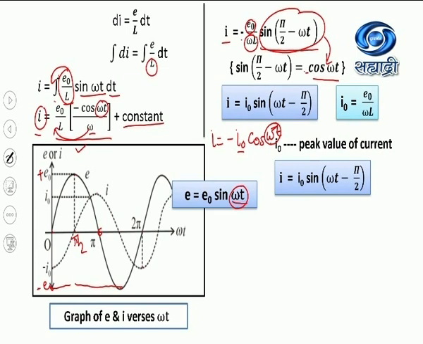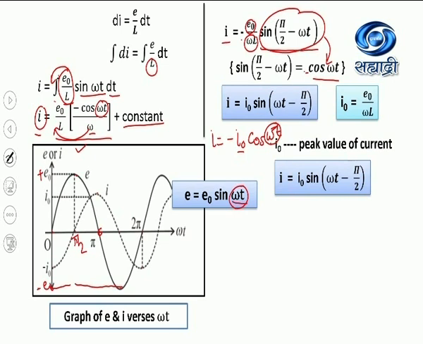One more thing you might have noticed, that EMF reaches peak value earlier than the current. Earlier means what is the phase difference? Pi by 2. So I can say that EMF reaches peak value a quarter period earlier than the current. EMF reaches the peak value when the phase is pi by 2, current reaches peak value when the phase is pi.